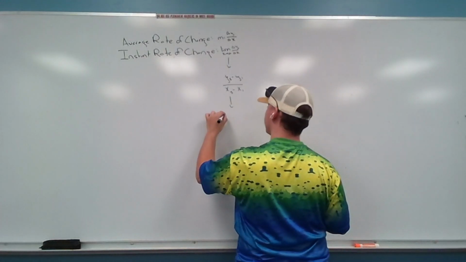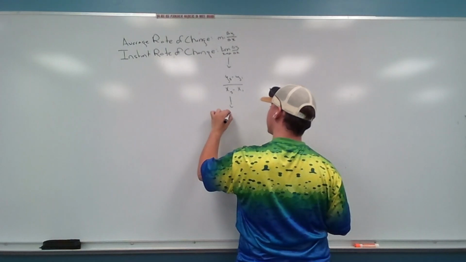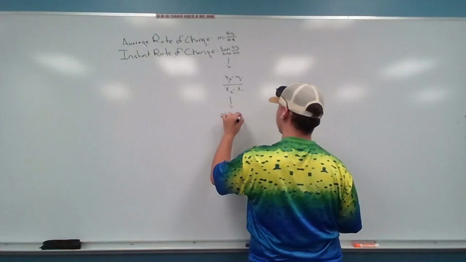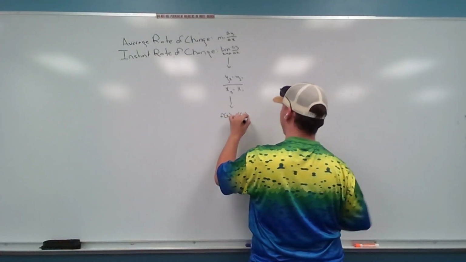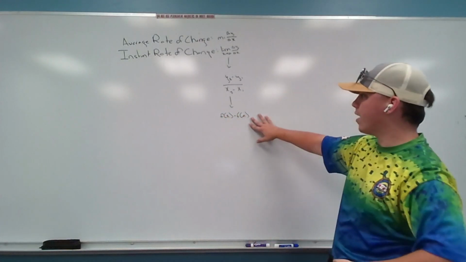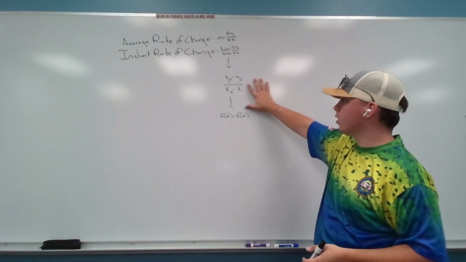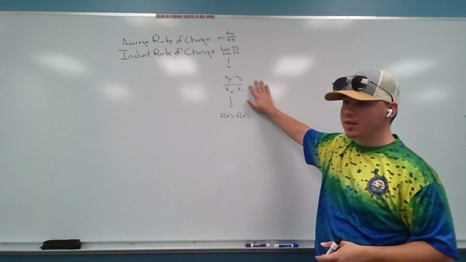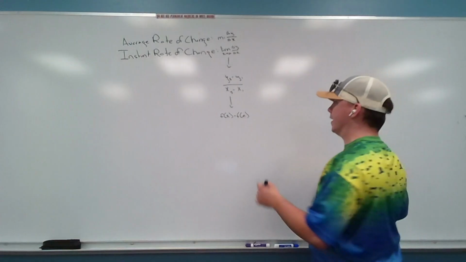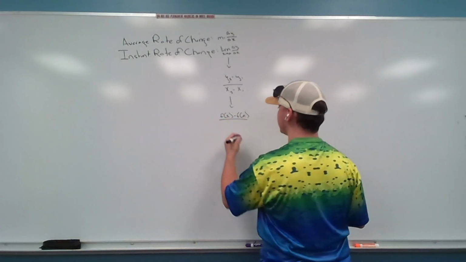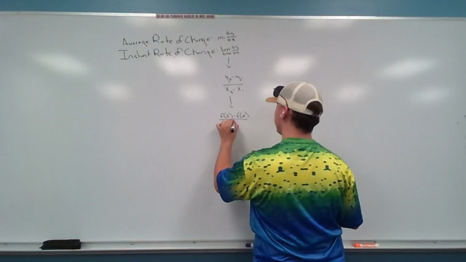It could be written as f of x minus the second f of x, but we're going to call it a. So the value of x1 or y1, sorry, is going to be a. So x1 is a. And on the bottom, what's the change in x? It's going to be x minus a.